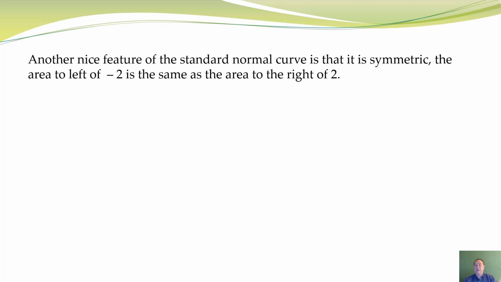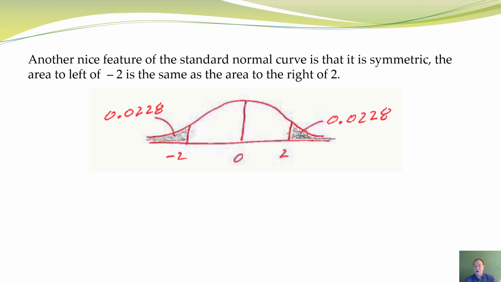So the area to the left of -2 is the same as the area to the right of +2. If I look at my curve, I have -2, 2. That shaded region to the left of -2 is 0.0228. The area to the right of +2 is 0.0228 also. So it is symmetric.